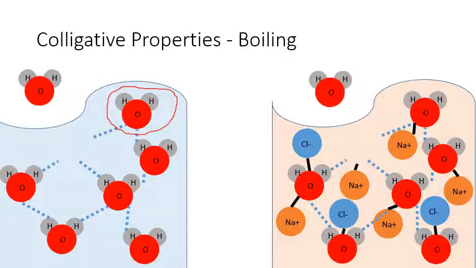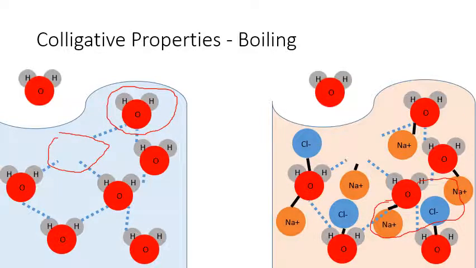We got you, we're holding on to you because we have all these connections. But in a solution with more molecules, there's even more stuff to hang on to. So now not only are you being held on to by the blue dots of the hydrogen bonds, you're also being held on to by all the positives and negatives around as well. So there's even more things holding those water molecules in place.